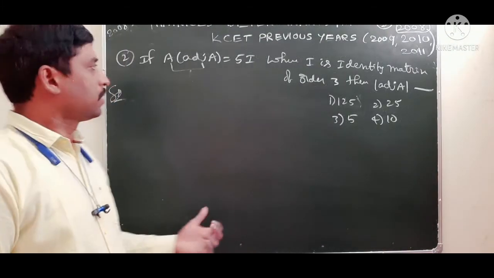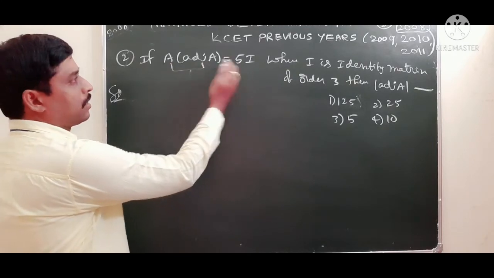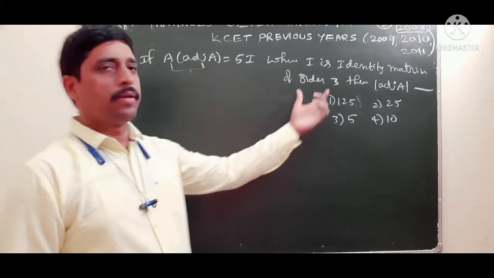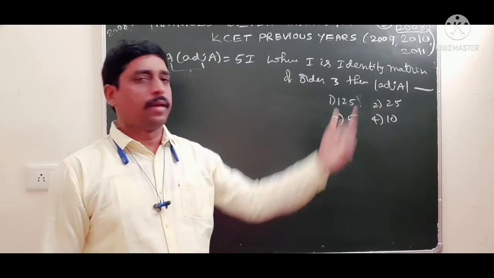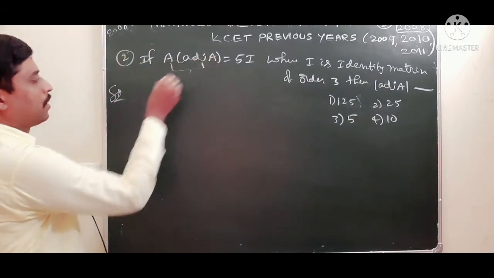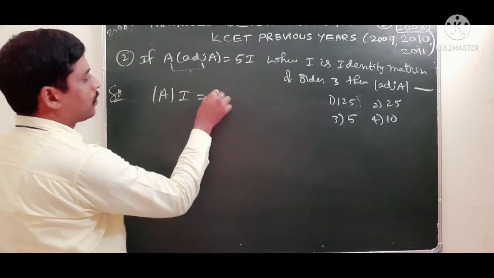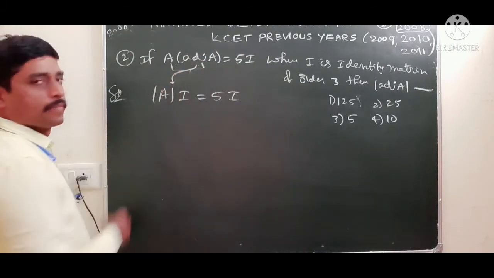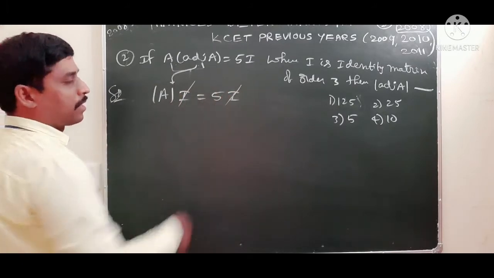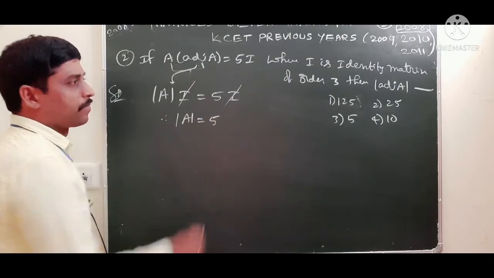So let us look at the next question. This is a question from 2008. A into adjoint A is equal to 5I is given, where the order is 3, and we need det of adjoint A. A into adjoint A equals det A into I, by the formula. This is equal to 5I. So on both sides I gets cancelled by the cancellation law. Therefore det A is equal to 5.